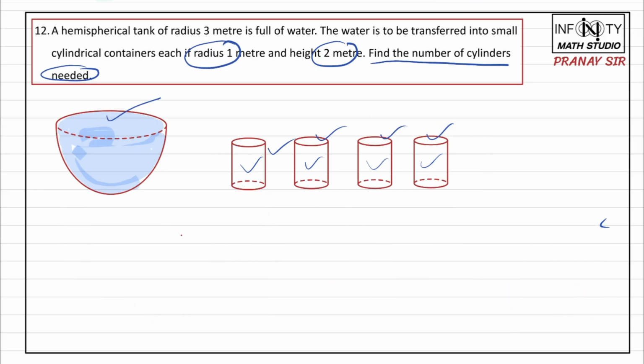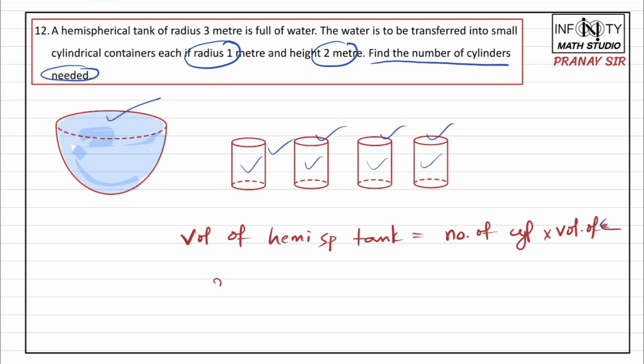What is that formula? Volume of hemispherical tank is equal to the number of cylindrical containers into the volume of each cylinder. So volume of hemisphere is 2 by 3 pi r cube is equal to the number of cylinders, we assume n, into the volume of cylinder, pi r square h.